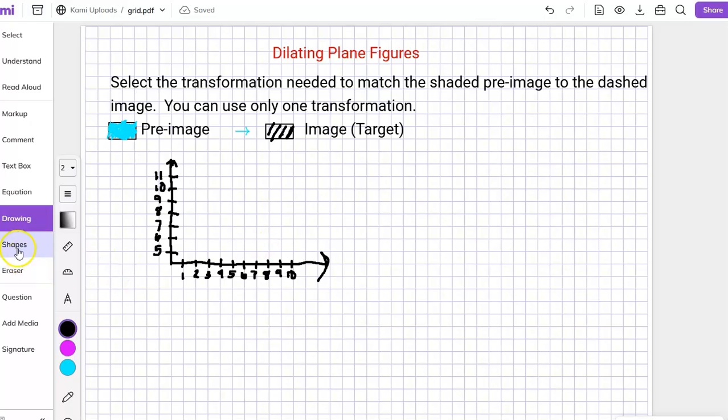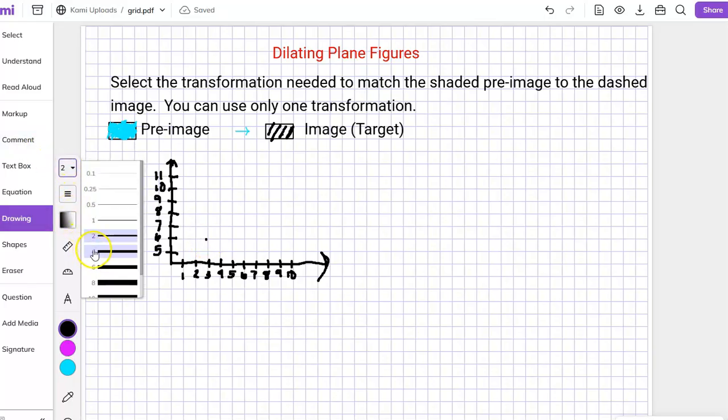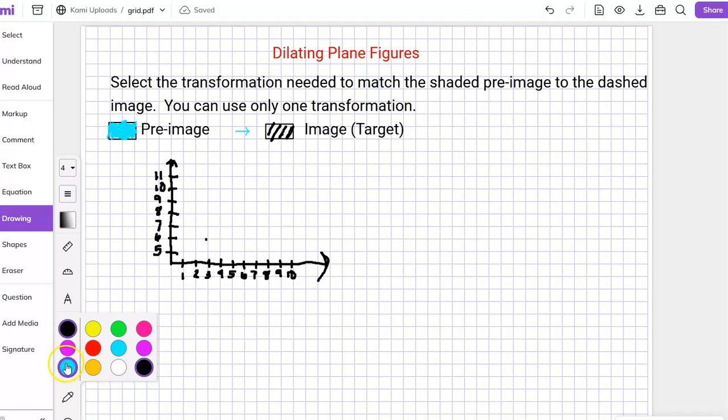So I'm going to come over here and I'm going to go to 3, 6, and I'm going to put a dot. I'm going to change this and make it larger, and it's blue. So 3, 6. So that's my first point.